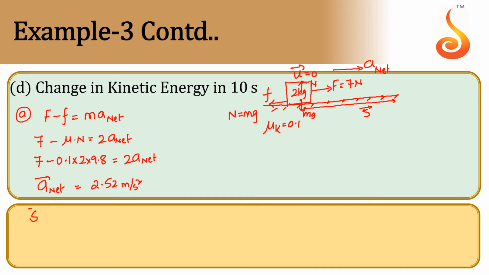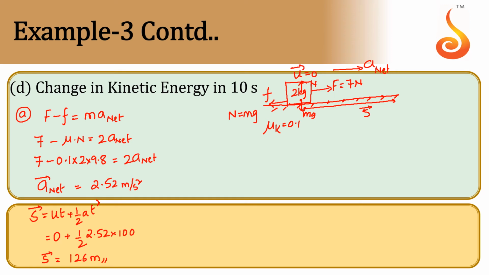Displacement is equal to ut plus half at square. Since initial velocity is 0, it is 0 plus half into 2.52 into time, which is 10 seconds, so 10 square is 100. So the net displacement after 10 seconds will be 126 meters.